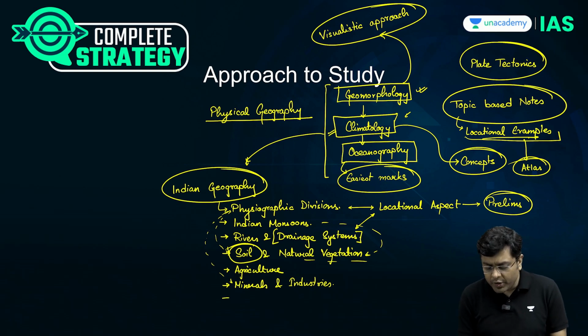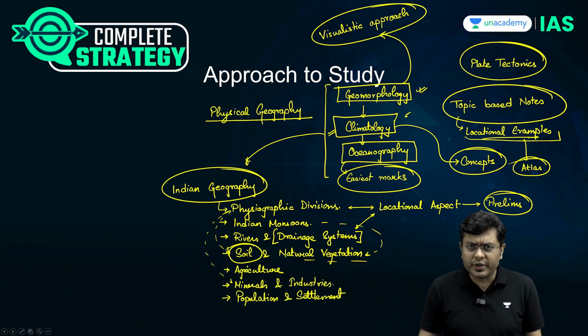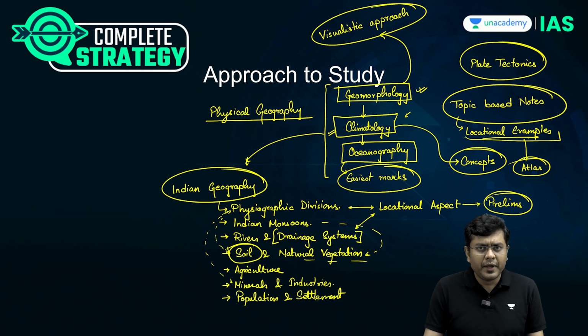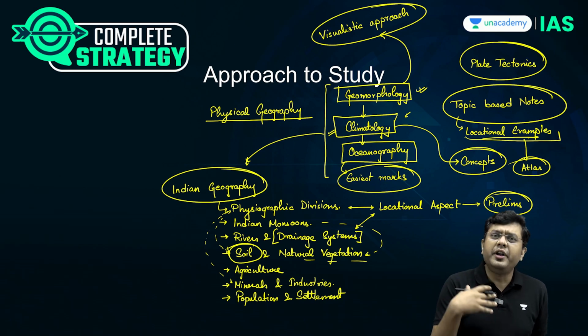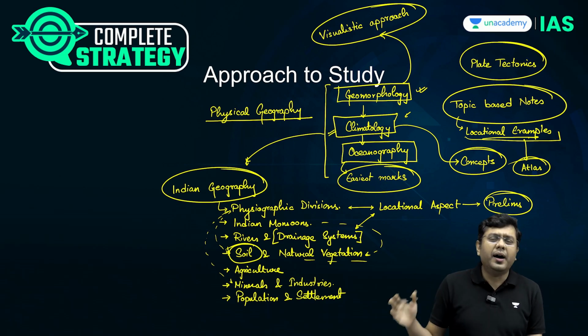Then you have population and settlement, one of the easiest ones. Here the basic NCERT is more than sufficient, along with the newspapers, because here demographic dividend, the aspect of sex ratio, literacy rate, these are asked.